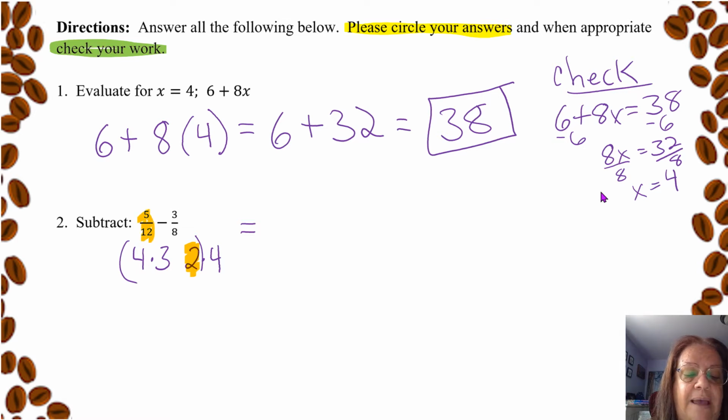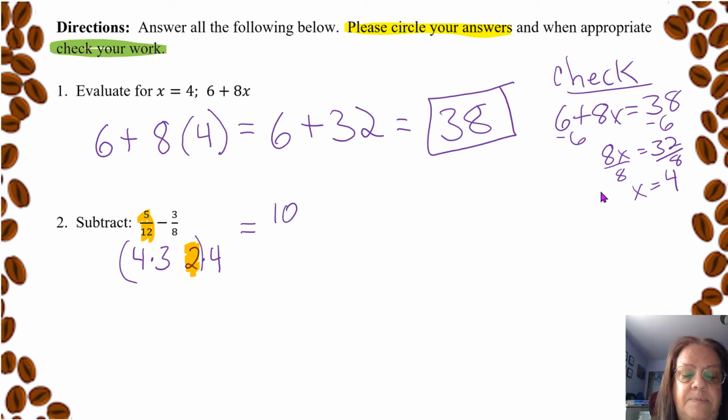All right, so that means I'm going to multiply the 5 times the 2. So that gives me, oh dear, hang on. Okay, sorry. All right, so 5 times 2 is 10.